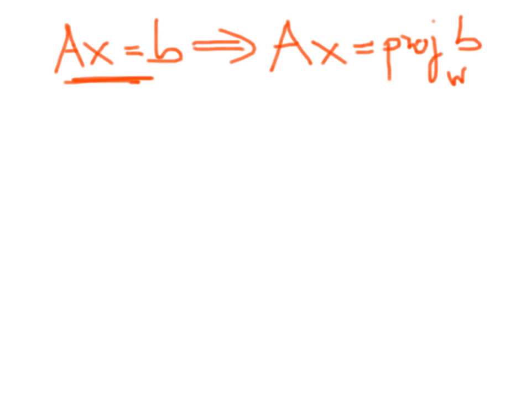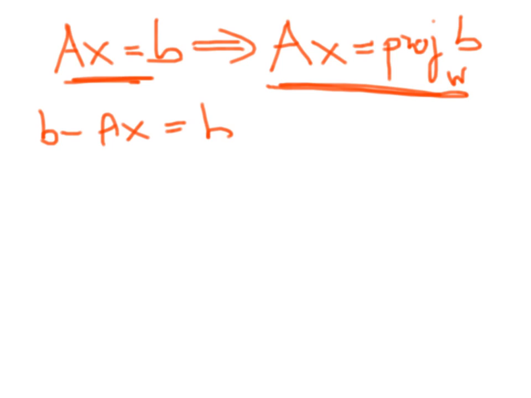And how can we solve this system? Okay, this is where all the nasty things and chapters that you study in the first 2 weeks of Module 3 come in. To solve that, we can make some matrix operations. For example, we can take b minus both the terms. So we have b minus Ax that is equal to b minus the projection of b on W. You can write this.